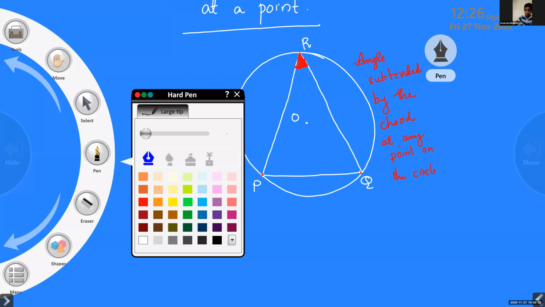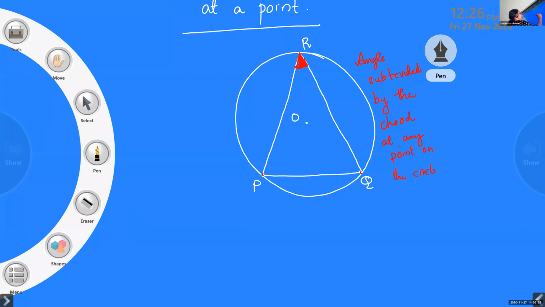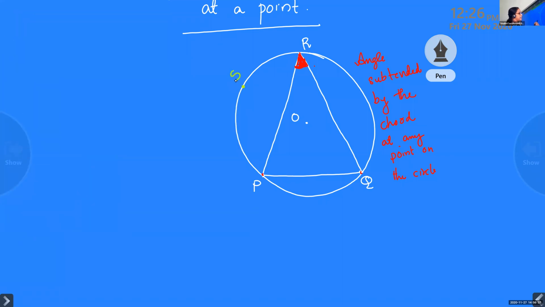So let us find some more angles like that. Let me give one point, S. Let us connect this chord and that point also. So you will get one more angle here. So this is another angle. If I connect one point here, PQ as a base, that is also another angle.